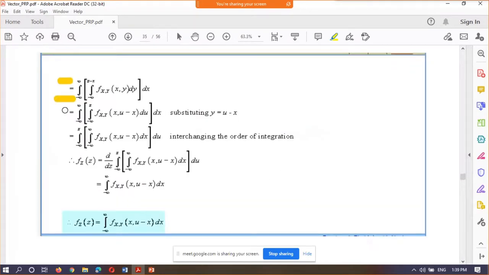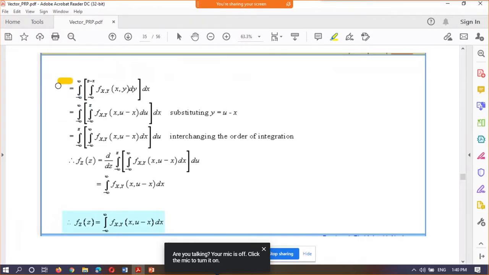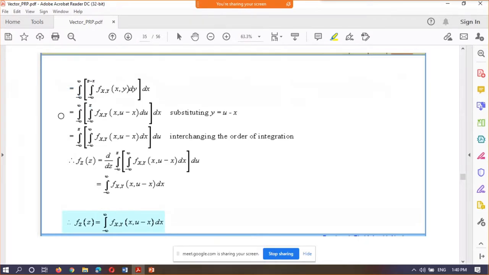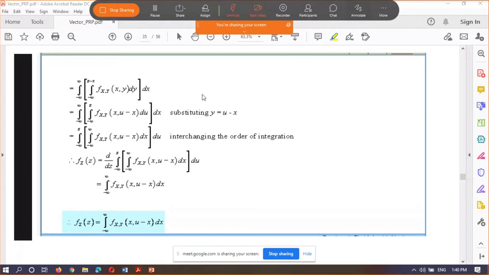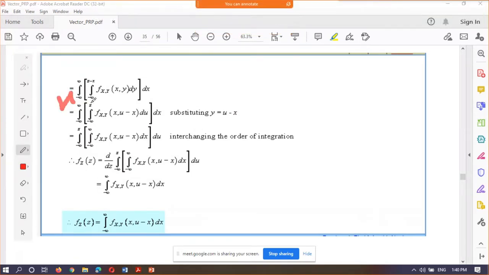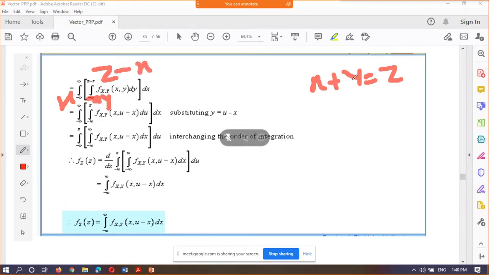So in what way do we integrate this? We integrate like this: x goes from minus infinity to plus infinity, and y goes from minus infinity to z minus x, because you cannot take those values of y for which x plus y exceeds z.